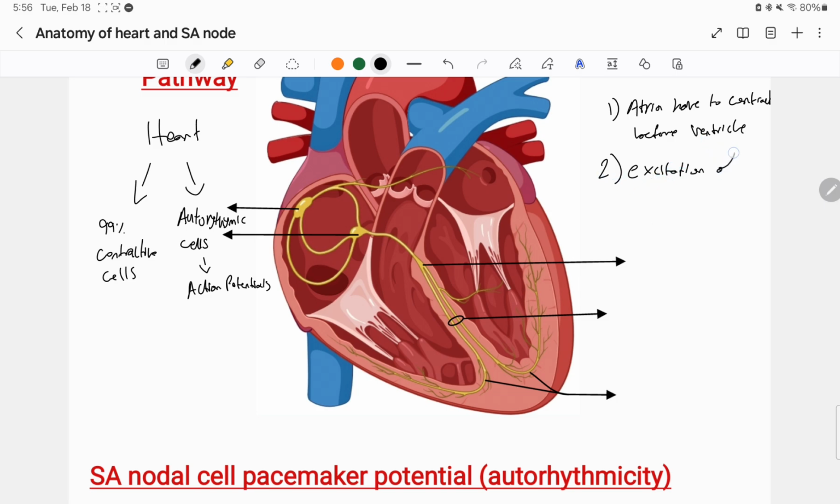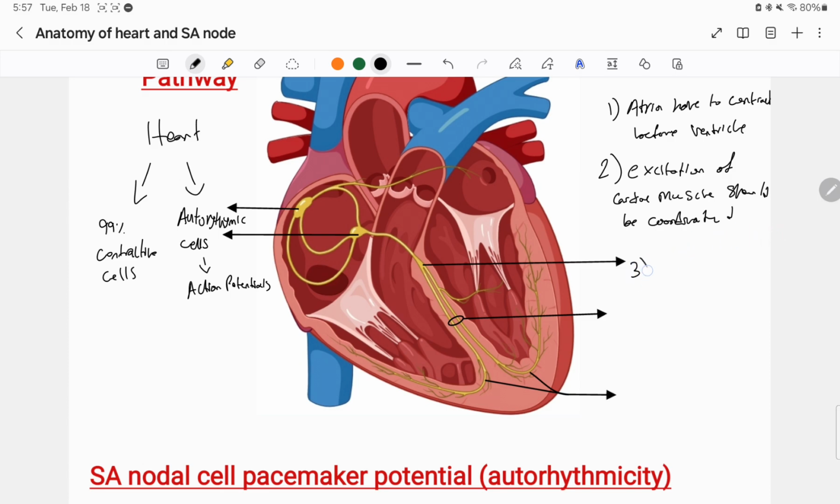So the excitation of the cardiac muscle should be coordinated in a way that each chamber of the heart contracts as a unit.